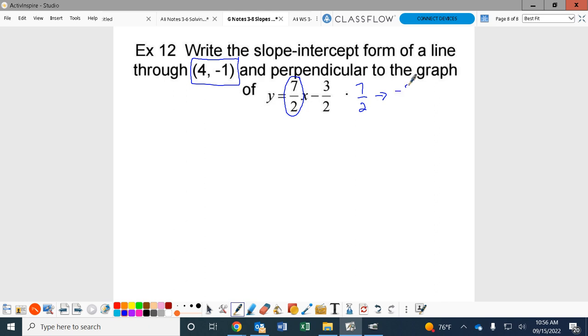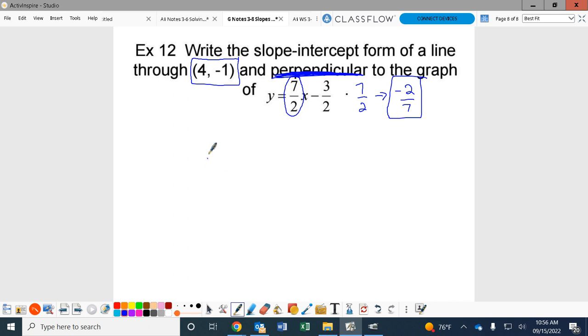Negative 2/7. That's the opposite reciprocal. So I'd box it in so you know that's what you're using. Why do I know to do that? Because it asks for perpendicular instead of parallel.